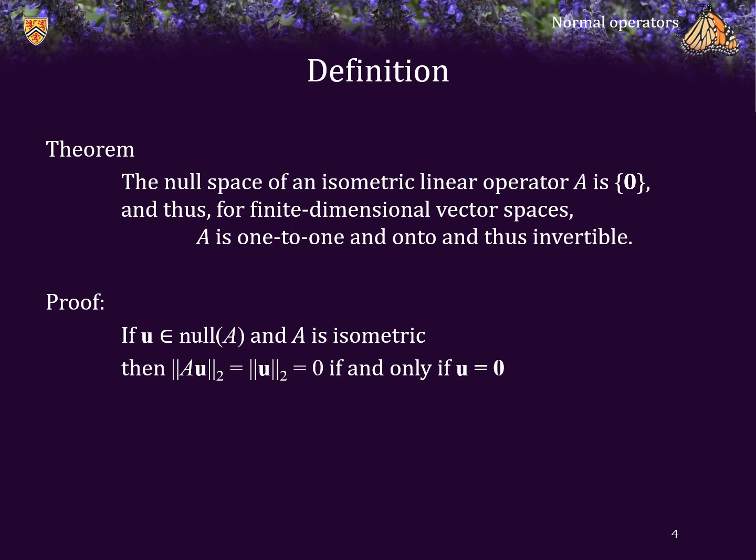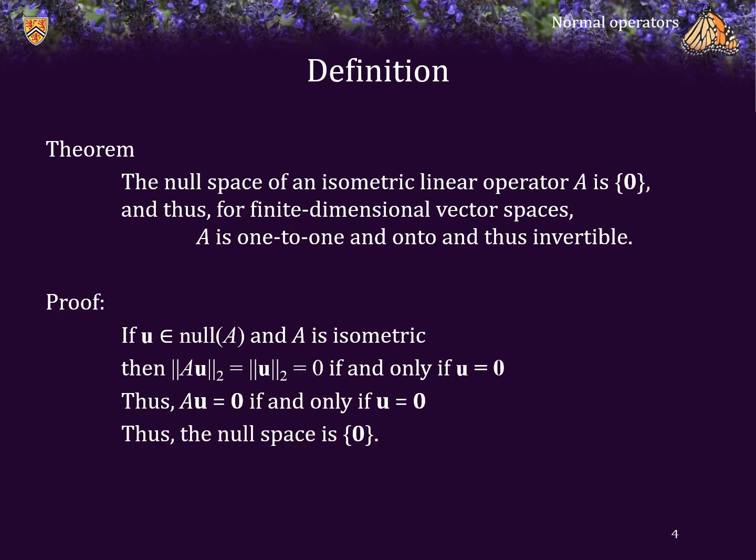But the 2 norm of u is equal to 0 if and only if u is the 0 vector. Thus, A applied to u is equal to 0 if and only if u is equal to the 0 vector, for A being an isometric operator. Thus, the null space of A is simply the 0 vector.